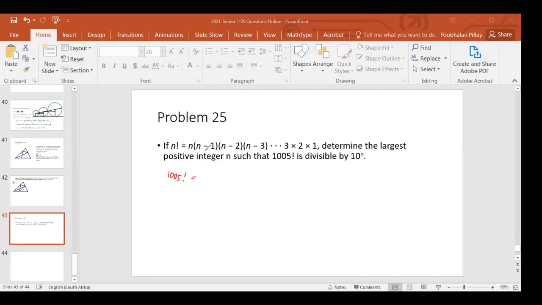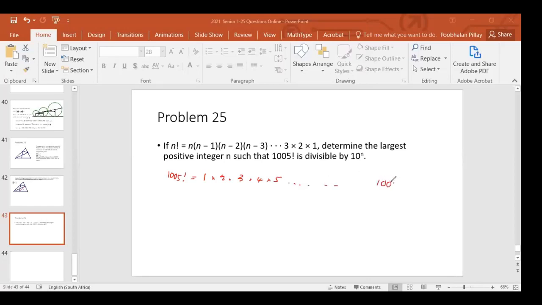Now, n factorial, we've seen this before. I'd rather put them starting from 1: 1 multiplied by 2, multiplied by 3, times 4, times 5, all the way up to 1005.